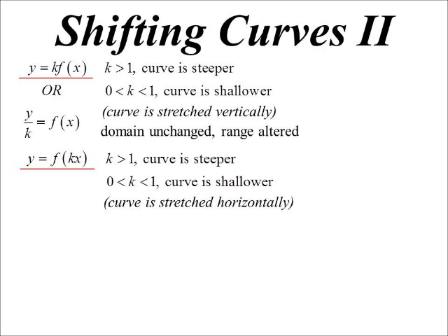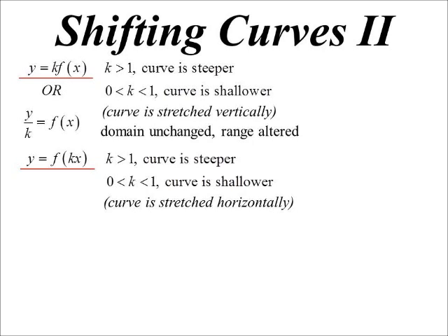Here it's x times k, whereas when we actually associated with the y, it was actually y divided by k. So that means we're going to stretch horizontally. We're going to pull it out or push it in. So greater than 1 makes the curve steeper, means we've pushed the curve in.